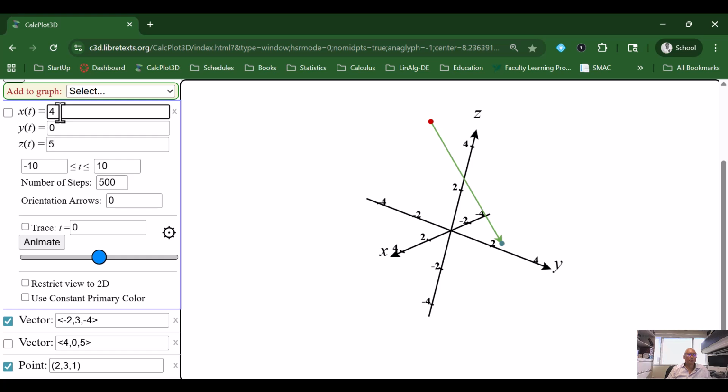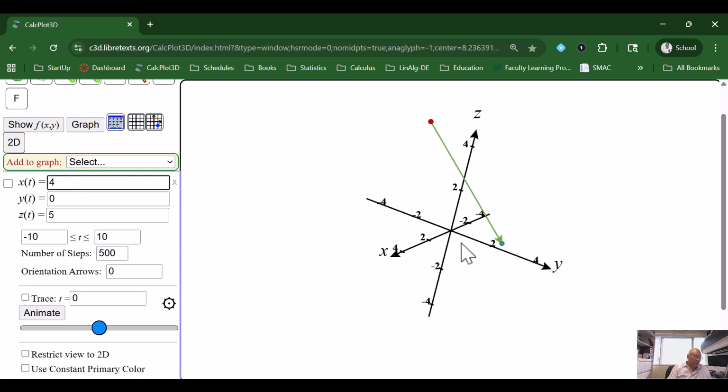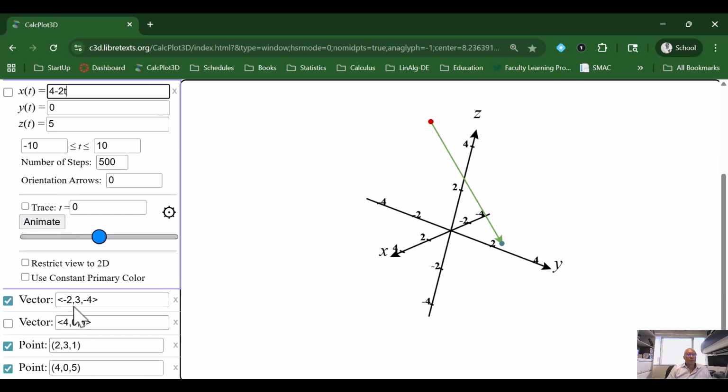So in the first component, I have 4. I will add -2t because that's my direction vector. So 4 minus 2t. And then the second one, if you remember, it was 0 plus 3t. So I can keep the 0 there, or I can just put 3t. And then the last one is 5 minus 4t.